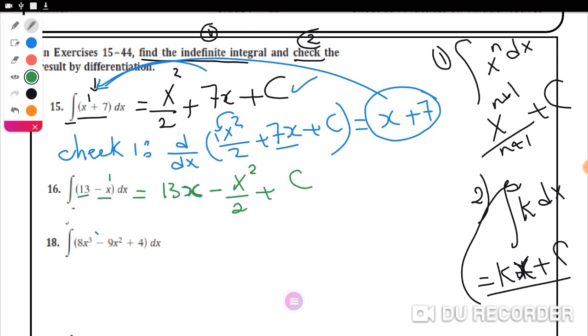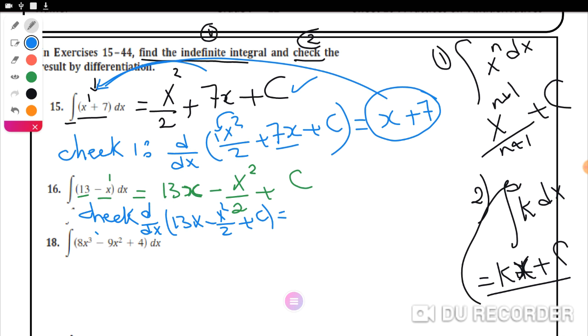That is the result of this indefinite integration. How to check problem 16? Differentiate this function: d by dx of 13x minus x to power 2 over 2 plus c.